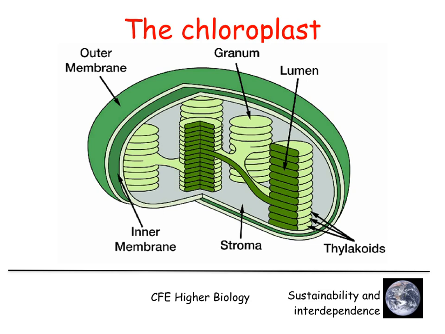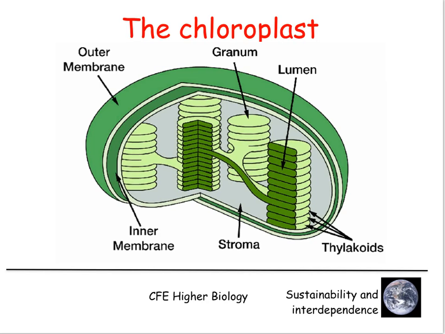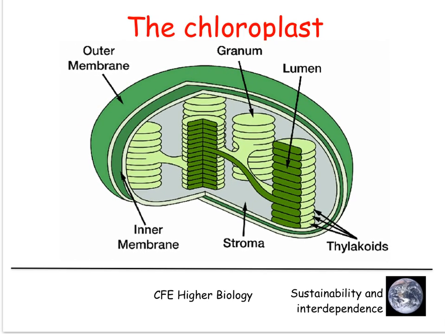So you've got a double membrane that's there, an inner membrane and an outer membrane, and then you've got these here that are called thylakoids. Your thylakoids are stacked up on each other, these disc-like, frisbee-like characters.